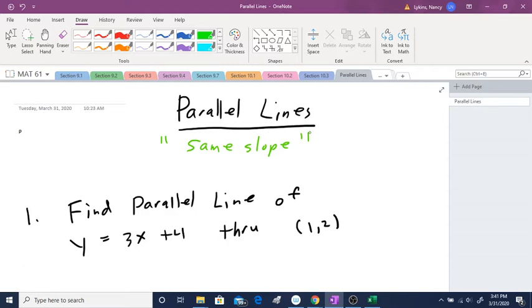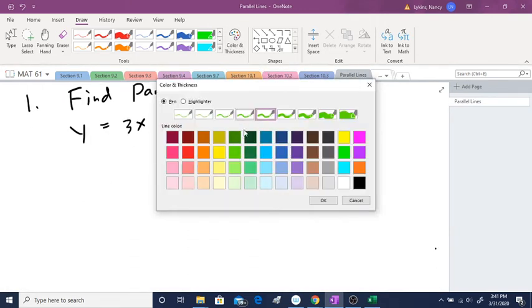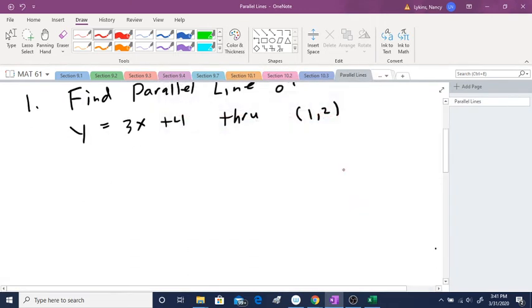Parallel lines means you have to have the same slope. So what I'm going to be looking for is an equation. Since it has the same slope, the slope is 3. So that means my new equation is going to look like 3x plus something.